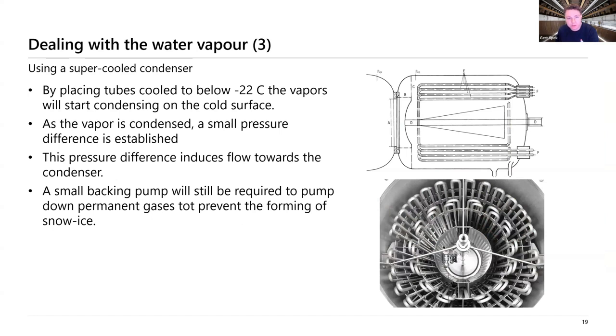So how would that roughly look? You would place cooling tubes in chambers next to the tube, added to the tube. And once you cool them below the point where you start to condense your vapor back to ice, you start building up ice on these cooling loops.